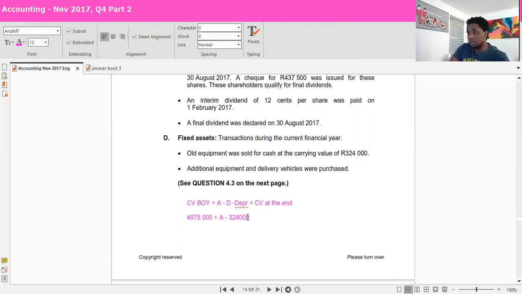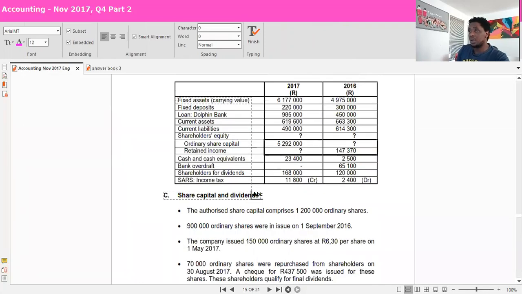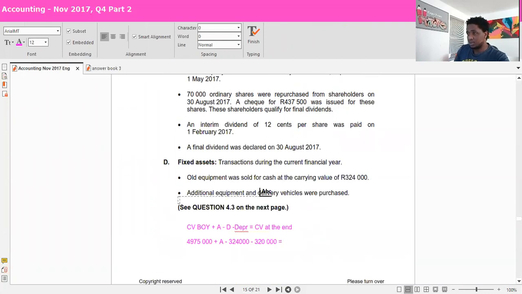So you need to also subtract 320,000, and that should be equal to the carrying amount at the end, which is 6,177,000.